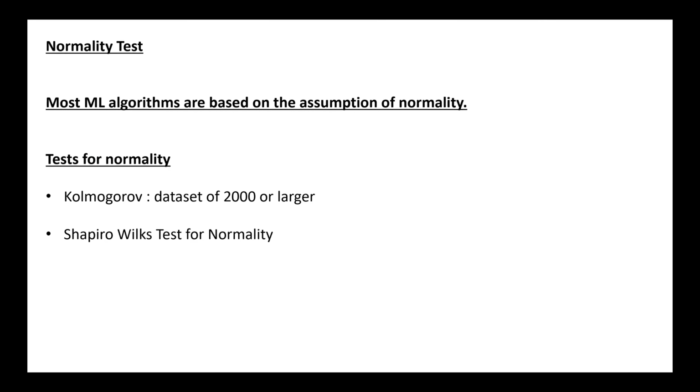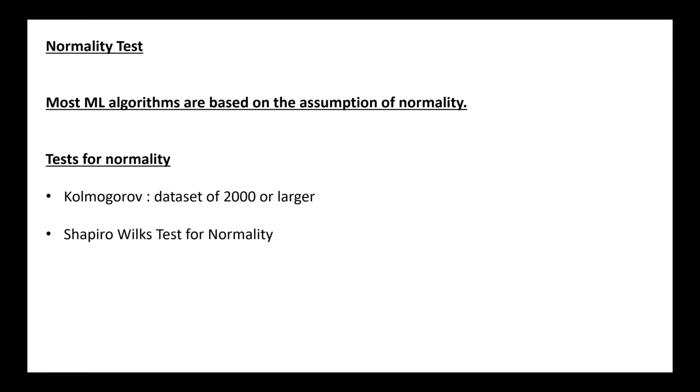As we all know, normal distribution is one of the most famous distributions in statistics. Most of the machine learning algorithms, especially linear models, are based on the assumption of normality. In this section, we are going to see how we can test for normality in our data set.